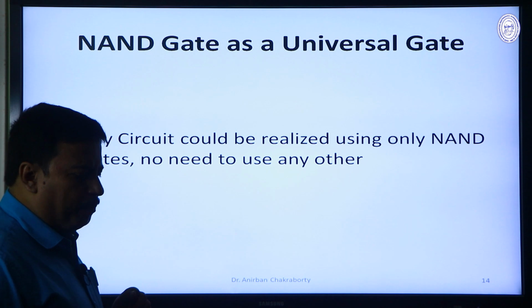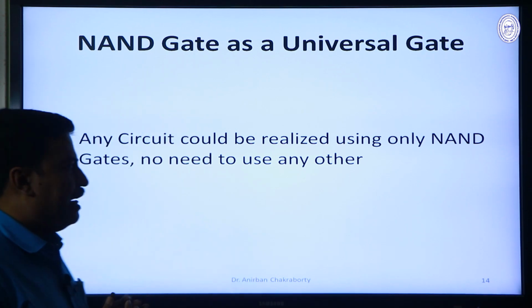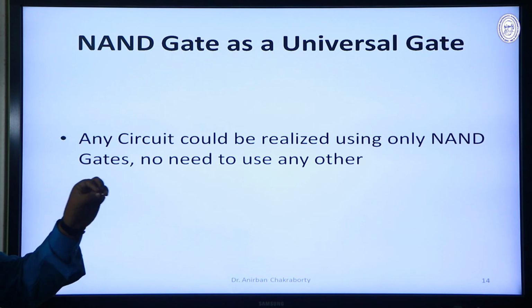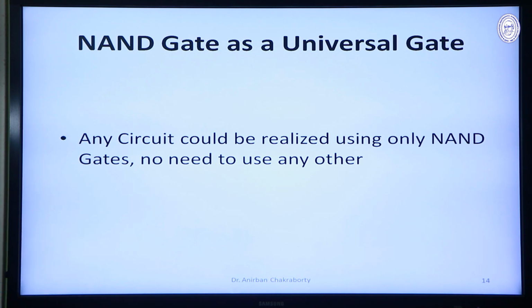So, what is the problem here? These gates AND, OR, NOT, if I implement them in a practical circuit, we have to purchase the corresponding IC chips, integrated circuit chips.